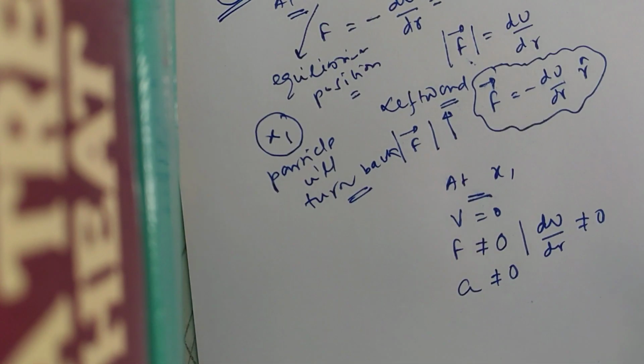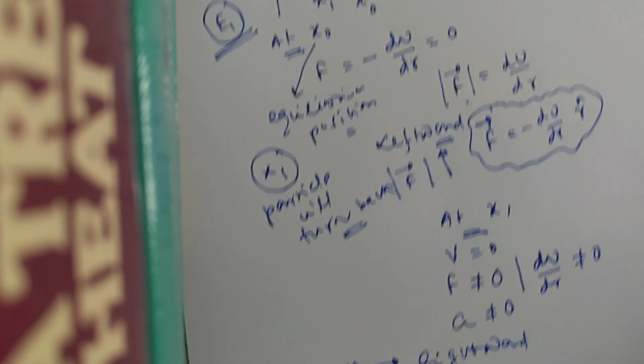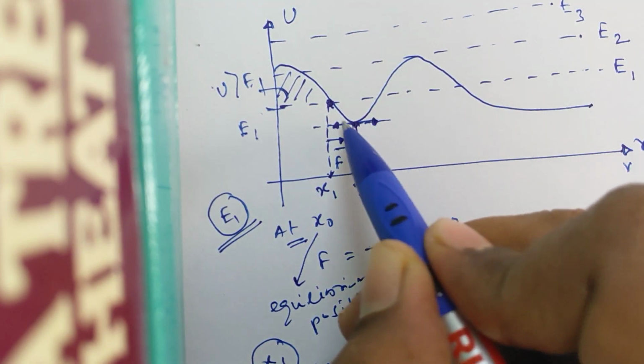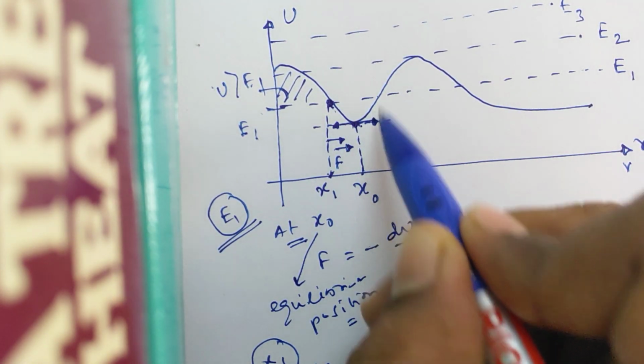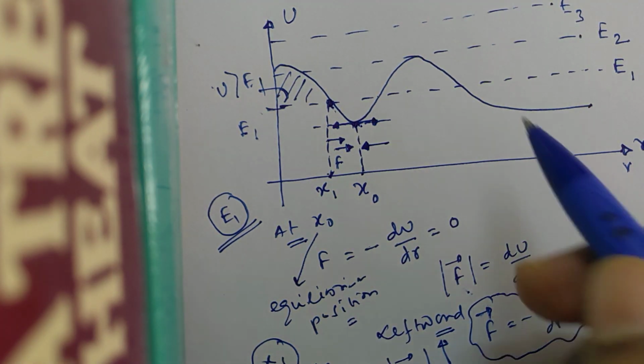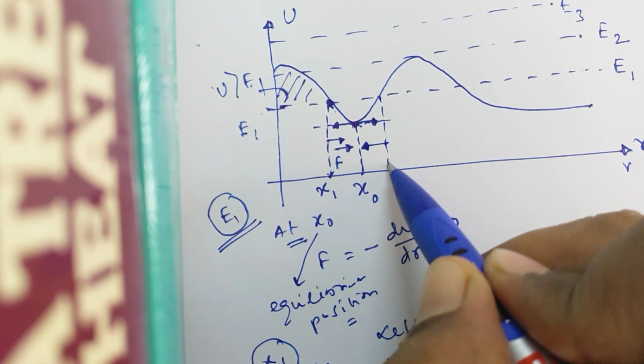So from x0, when it is moving rightward, let us check. In the rightward direction, the same situation: the slope is increasing, so the force will act towards the x0 position. Up to a maximum of what distance can it go?